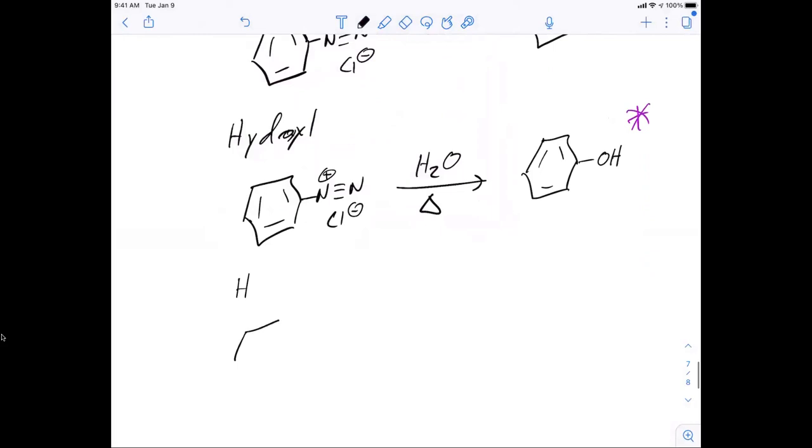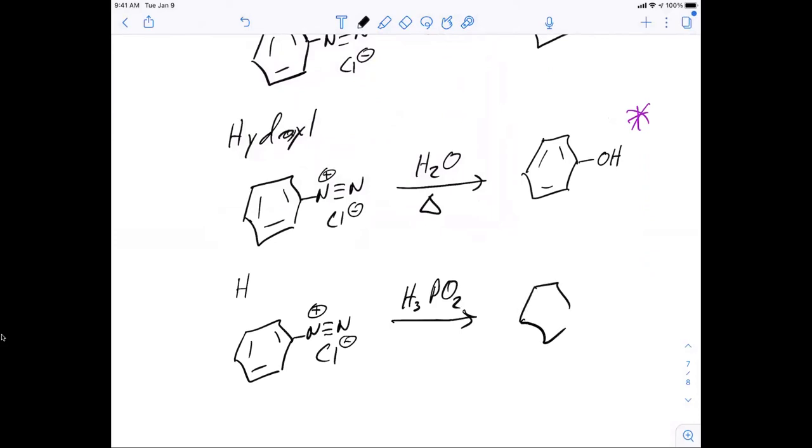We can also use the diazonium salt with phosphorous acid, H3PO2. Okay, so notice just two oxygens there.